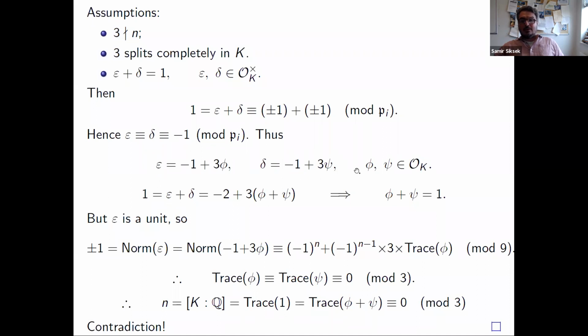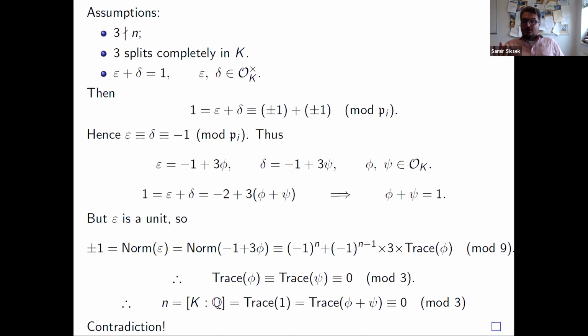Now I'm going to take these 2 things and substitute them in my original equation, and I'm going to get 1 is epsilon plus delta, so that's -2 plus 3 times phi plus psi. And you see, if you rearrange, you take the -2 to the other side, you divide by the 3, you get phi plus psi is 1.